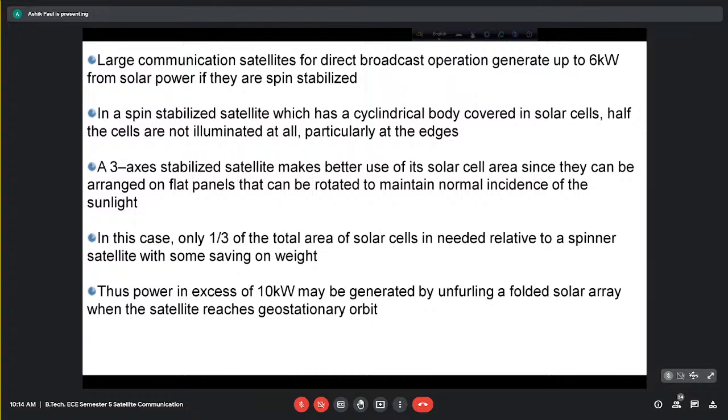That results in the maximum amount of solar radiation being absorbed and converted to electrical energy.